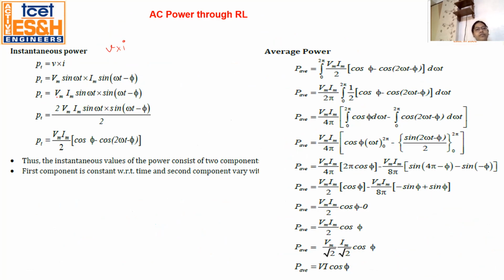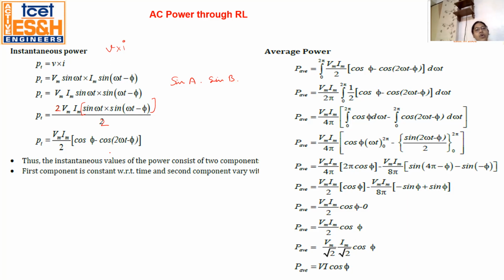When you combine this, we multiply by 2 and divide by 2. Then we use the identity sin A into sin B, and when you solve this identity, you will get cos phi minus cos 2 omega t minus phi. So this is the result after solution.